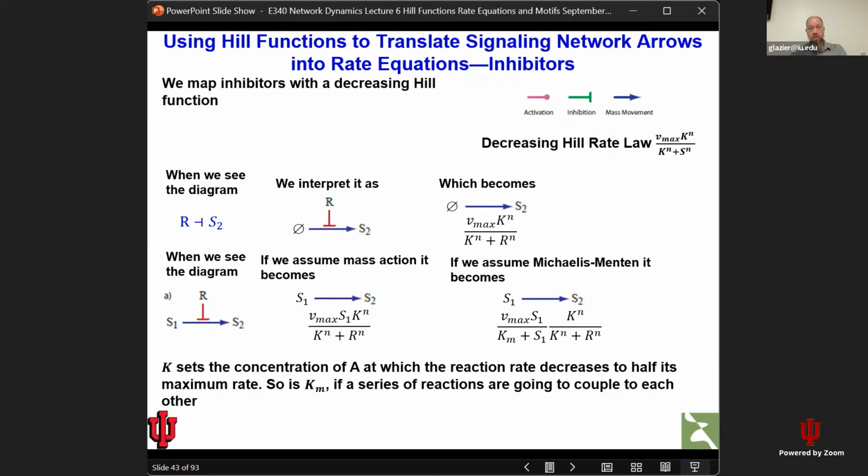Similarly, if we had S1 going to S2, we have to multiply that rate either by S1 or by a Michaelis function of S1. As before, if we match the Ks, we can interconnect these things, and they'll be compatible with each other.